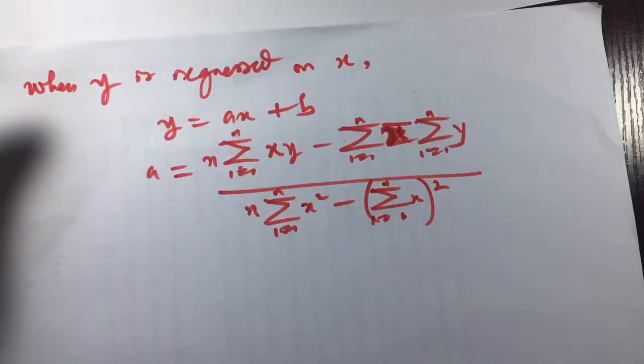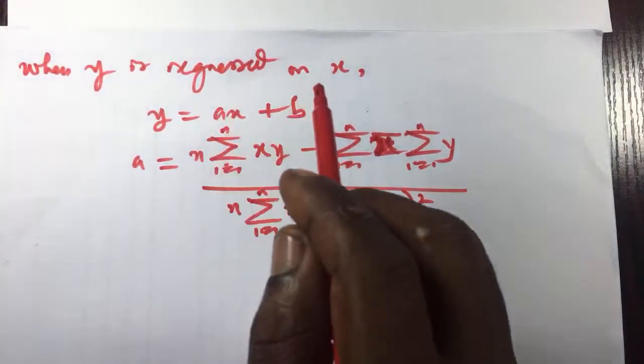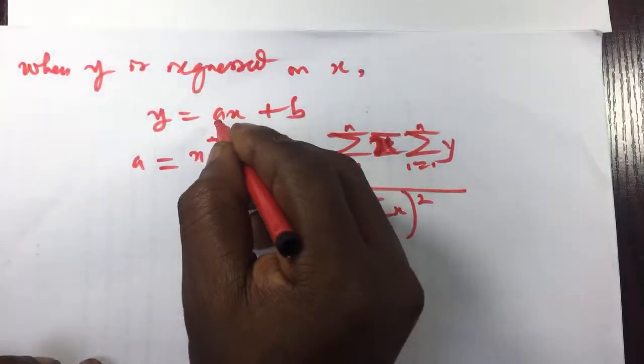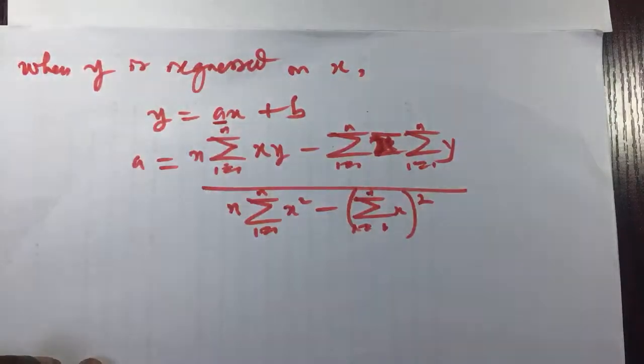So, this is what you will get when y is regressed on x. This will be the formula for getting your a, the coefficient of x.